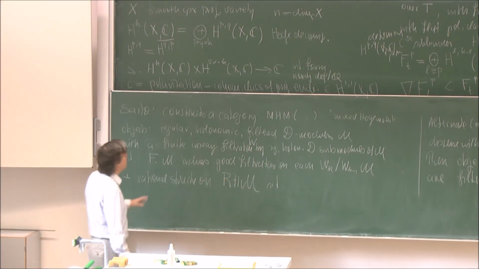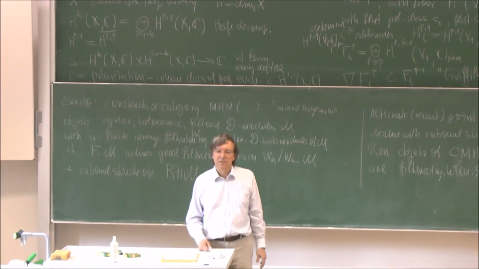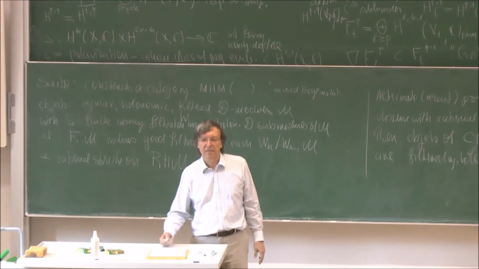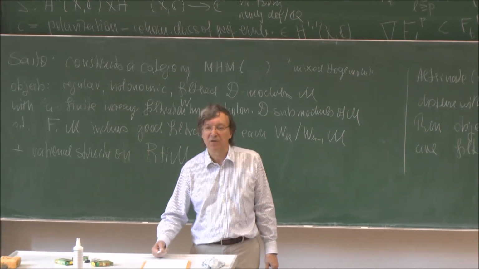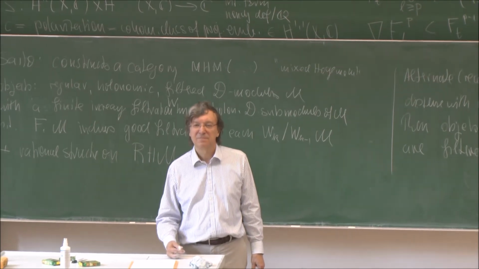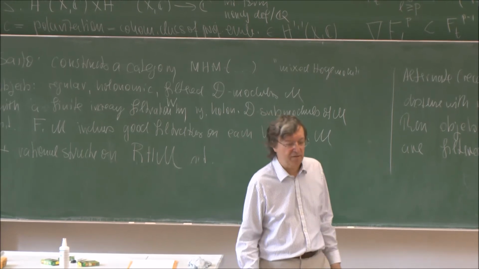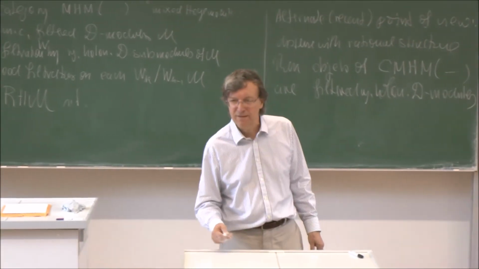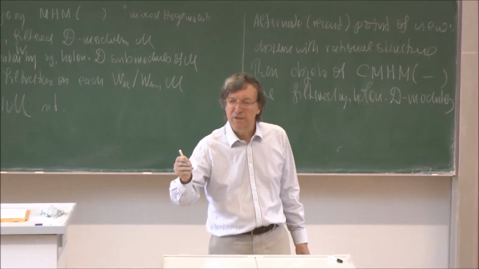No, so this, filtered in the context of D-modules always means good filtration. And that's not the filtration by D-modules. So the Hodge filtration is not the filtration by D-modules. It's the filtration by O-modules. So there's some difficulty with the English language. In the context of D-modules, when you say filtered D-module, you always mean that. Okay. Right. And in fact, the W is a filtration by D-modules.